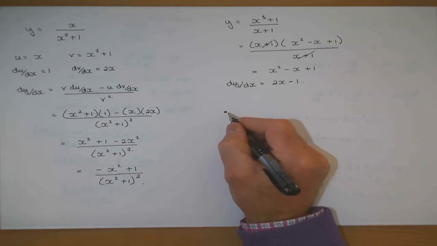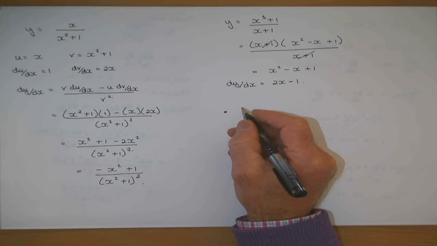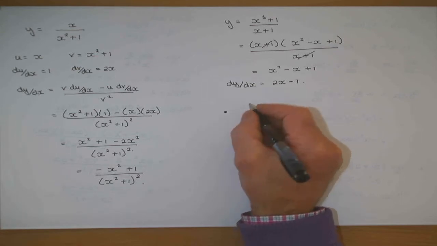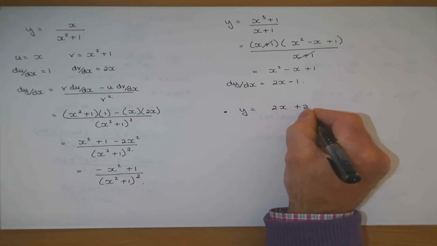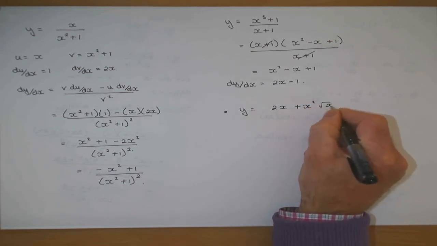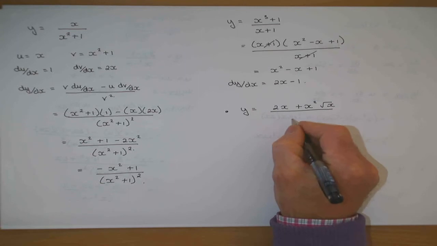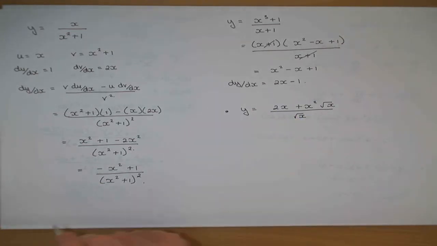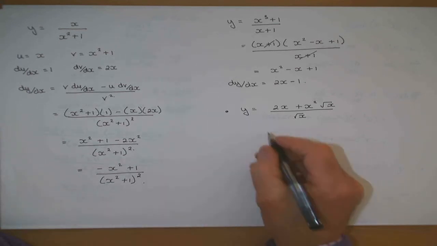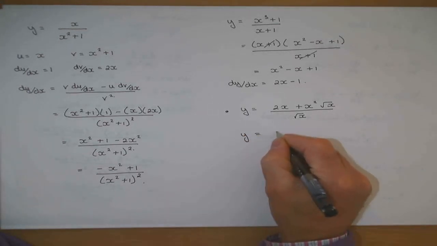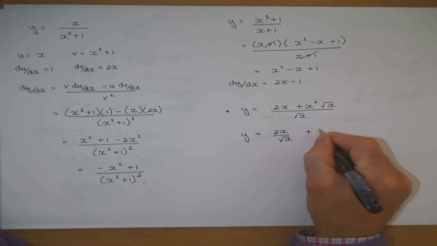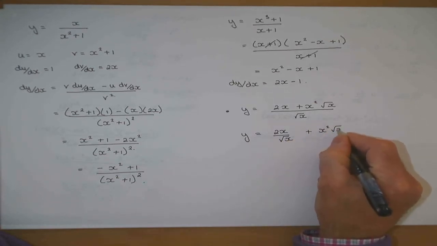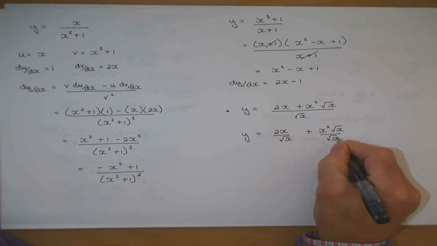Or last night, they would have given you y equal to 2x plus x squared root x all over root x. Now that could be done as a quotient rule. But what about it? Well, it's easier to divide it. It's just easier to say y is equal to 2x over root x plus x squared root x over root x.